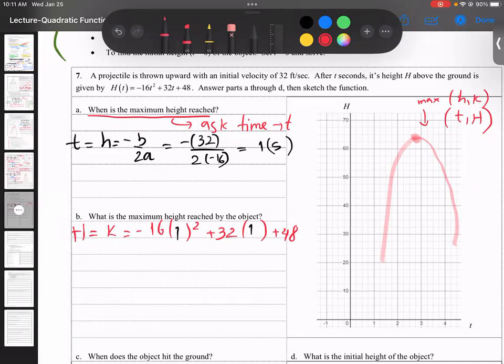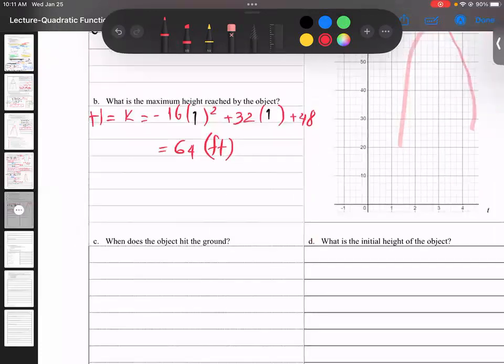The answer is 64, and the unit will be feet. Right? Feet. Don't forget the unit. So far, so good. That's what I meant by minimum and maximum can be very useful in application. It allows you to find the maximum point of a projectile, or a minimum cost of a business function.